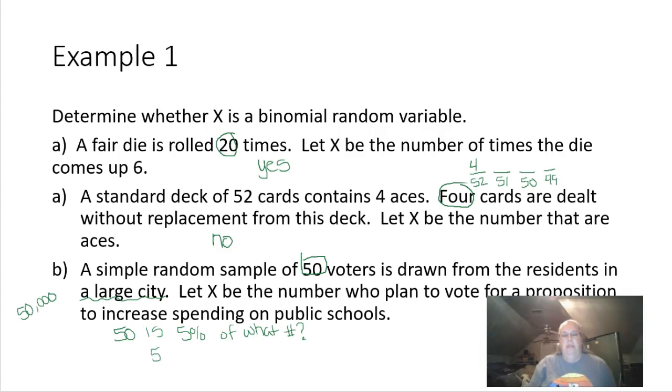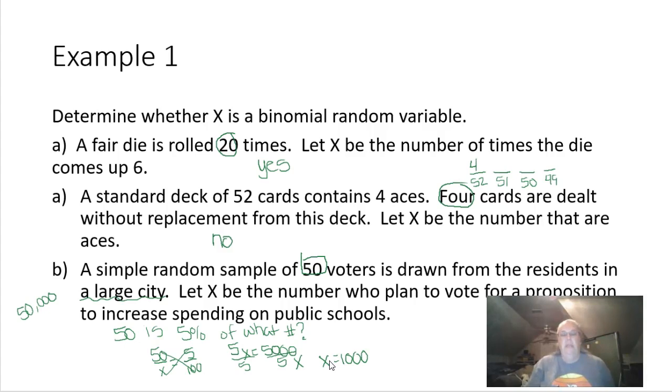All right, let's see, 50 over x equal to 5 over 100. And if we cross multiply, we have 5x equal to 5,000. So x is going to be equal to 1,000. So 50 would be 5% of a town that had 1,000 people in it.